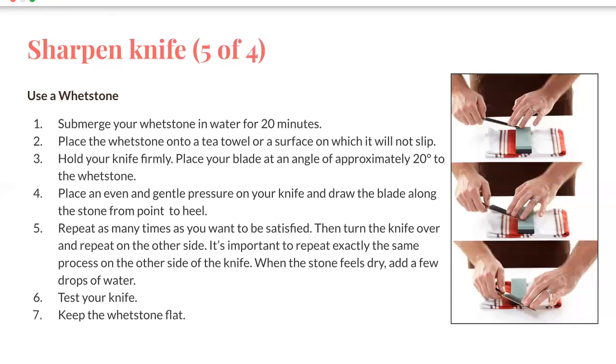And then place the whetstone onto a towel so it does not slip, hold your knife firmly and place your blade at an angle of approximately 20 degrees to the whetstone.